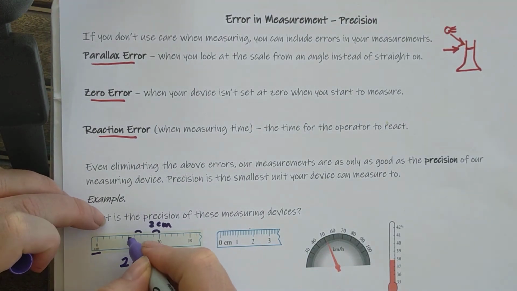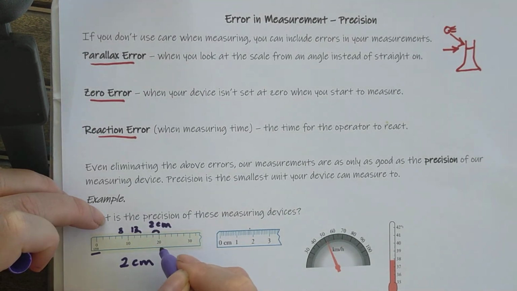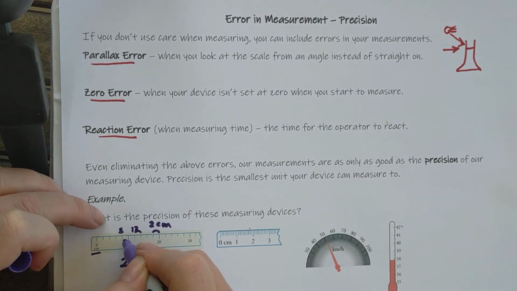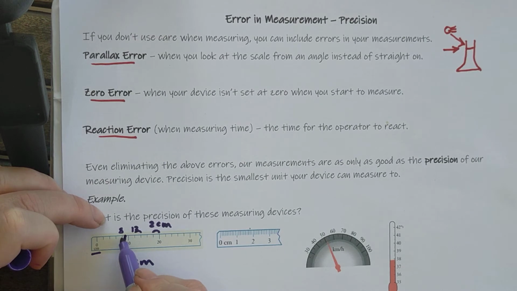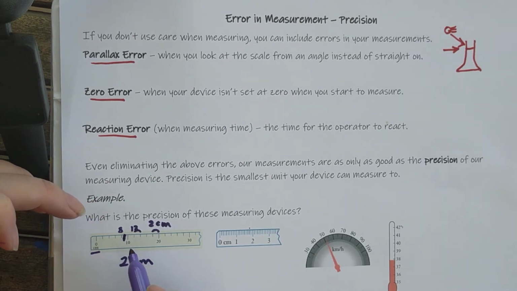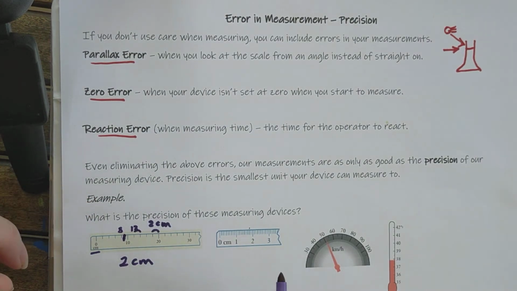If I was to measure, so this is 8 and this is 12 here, if I was to use this ruler to measure something and I got a number that came in about here, I know it's bigger than 8, it's less than 10, I could guess it's 9, but I can't be more precise than that.